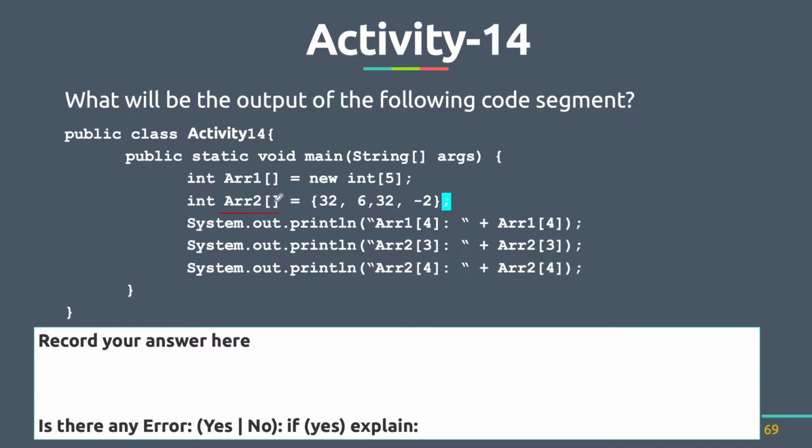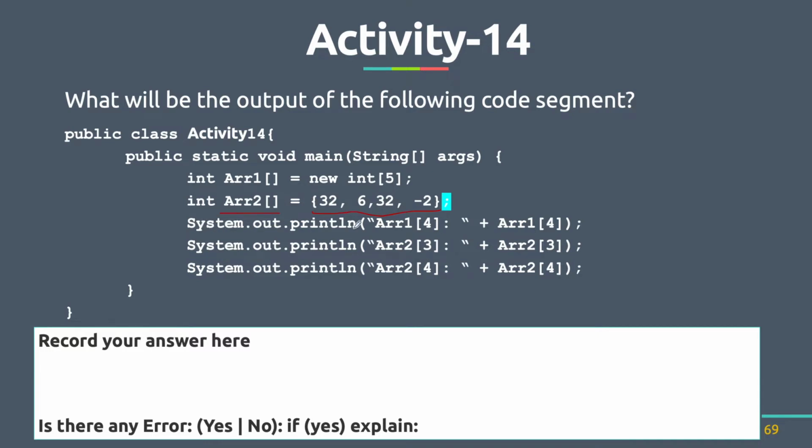So array1, the initialization of the integers will be the default value, which is 0. So we have 5 integers of zeros. And in the second array, because we initialized it in the same statement, that means the size of this array is 4, and these are the values in those 4 elements.